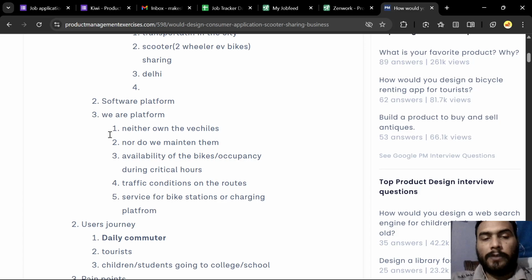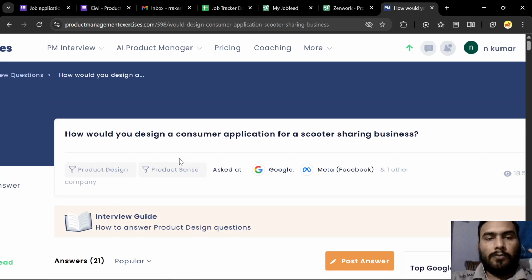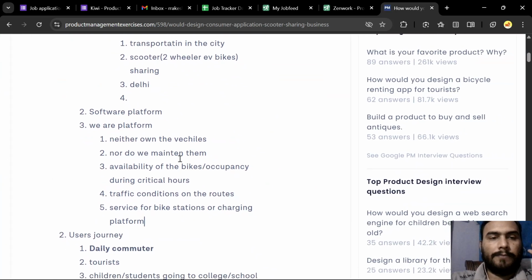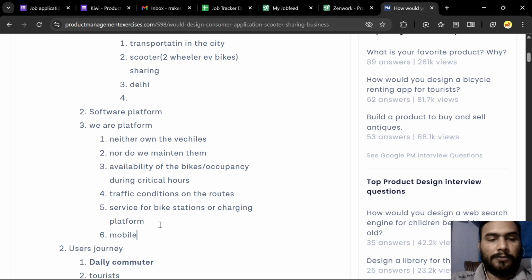So we provide end-to-end information and service regarding this bike sharing, but we do not own them, nor do we maintain them. So this software platform is a mobile application, a consumer mobile application for Android.